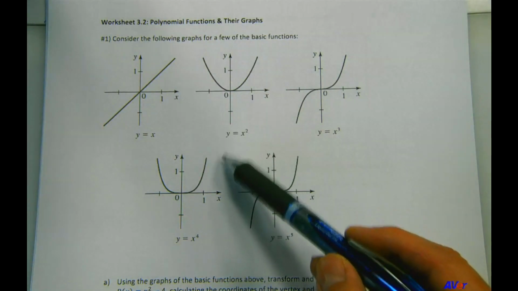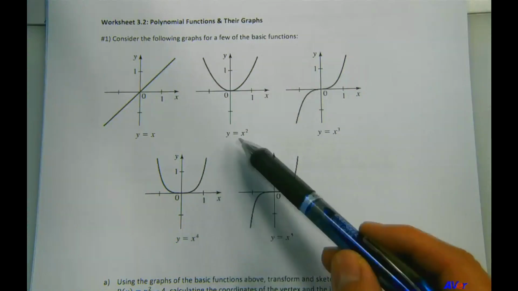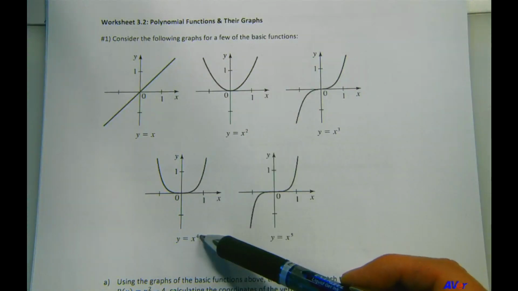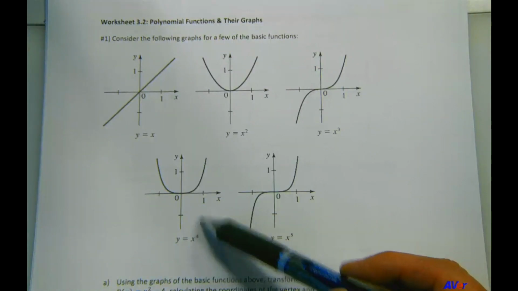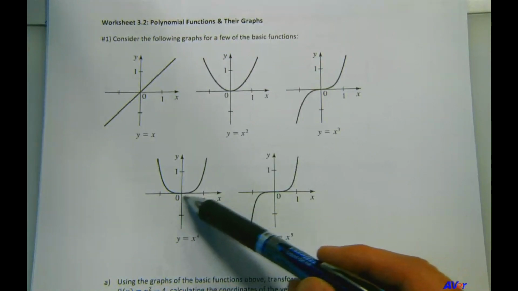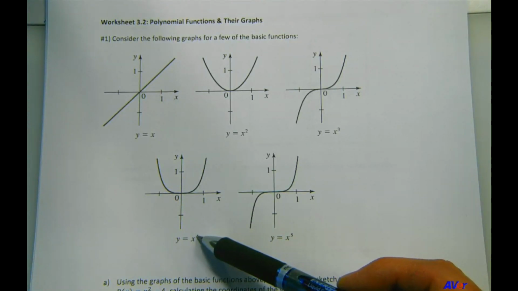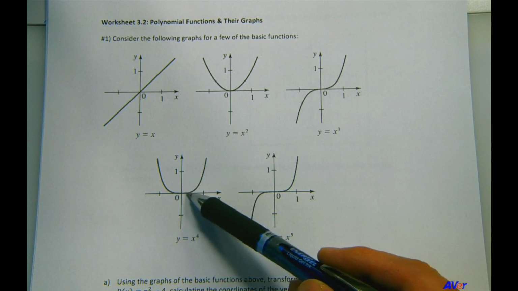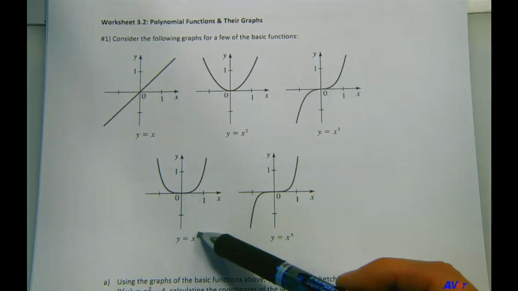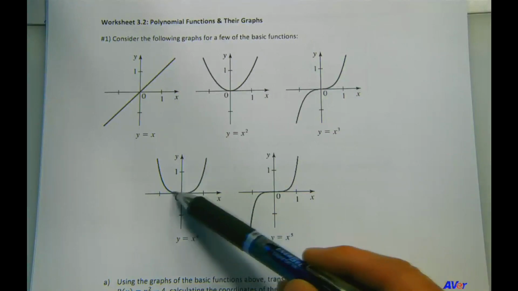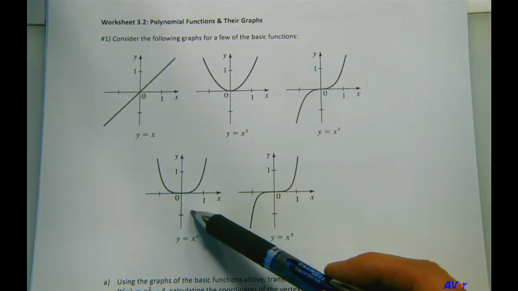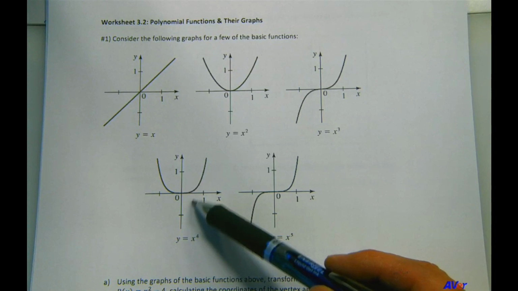If you have even powers higher than 2, like 4, 6, and 8, the impact is flattening of the bottom of that curve. So if I went to x to the 8th power, you would see that bottom flatten even more. And x to the 10 or 12 would really flatten the bottom of this. Okay? So that's the impact you see.